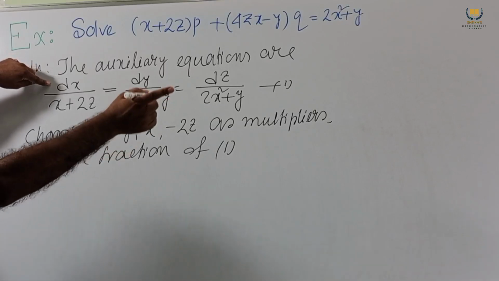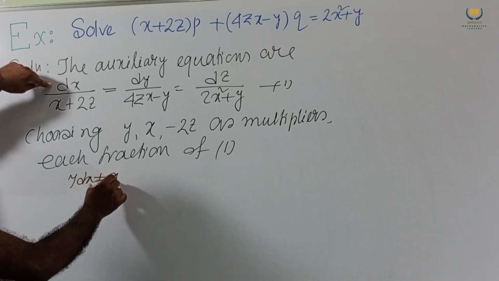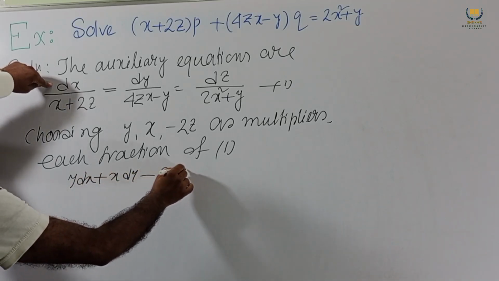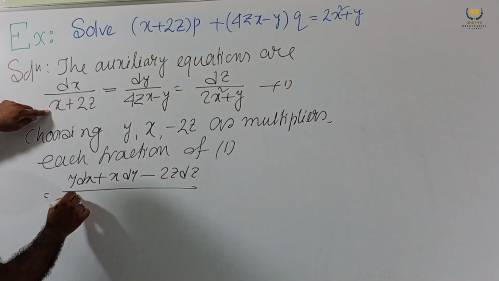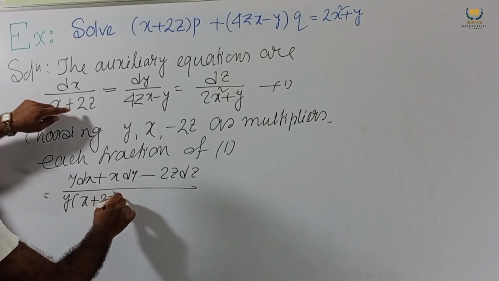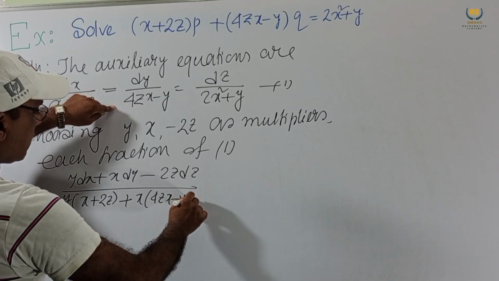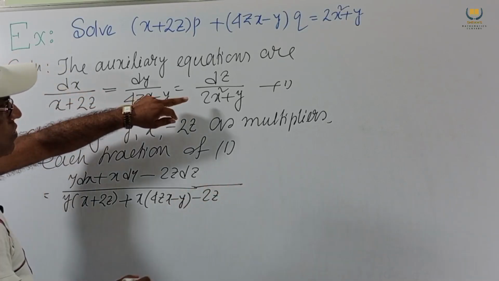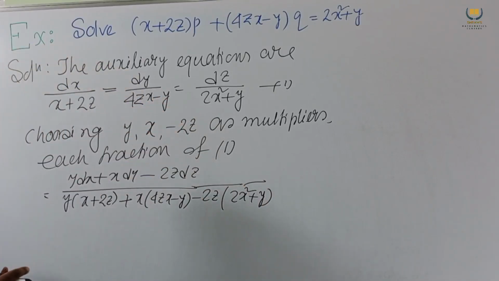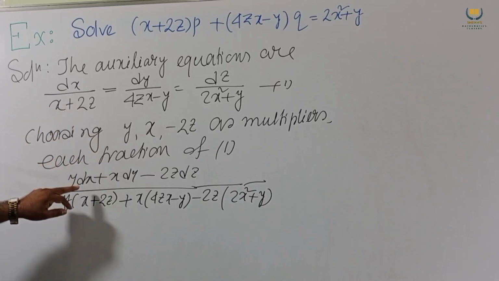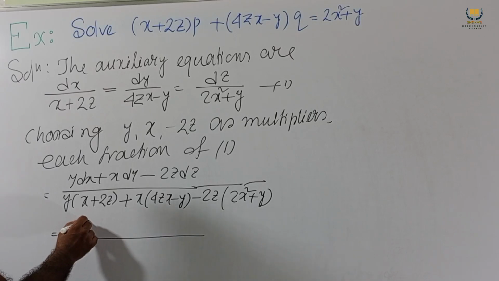We choosing these multipliers, each fraction equal to y dx plus x dy minus 2z dz by y into x plus 2z, x into 4zx minus y, minus 2z into 2x square plus y. So we multiplying numerator and denominator by this. What is our target? Our main aim is to find the denominator 0.